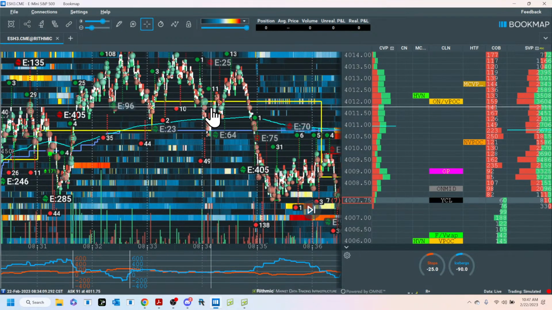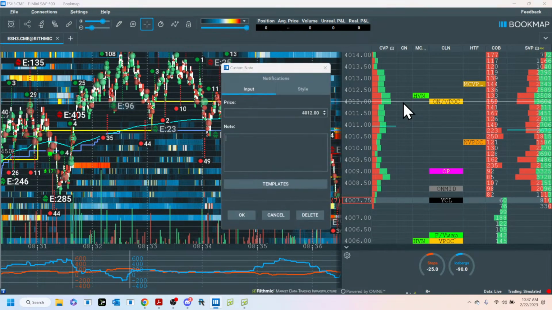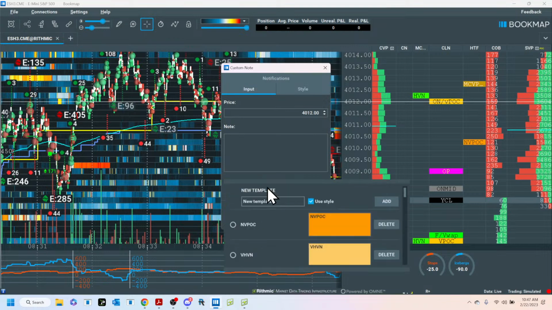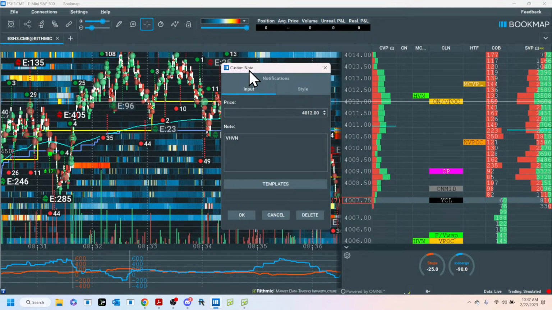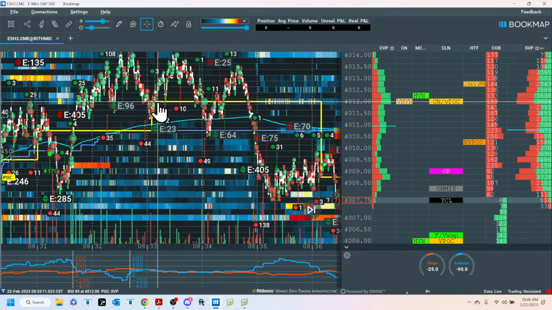Watch. This, and I'm going to label this. I call this a variable high volume node. I'm just going to label, and this is what I do every time. The reason I do this is for consistency and so I don't forget what was too high. And remember, what is this saying? This is retail. The other way to think about this is, if we're going up, this is too low.